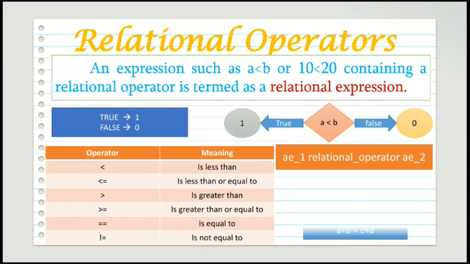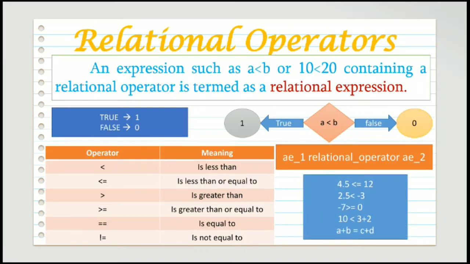For example, 4.5 <= 12, 2.5 < -3, -7 >= 0, 10 < 3 + 2, a + b == c + d.